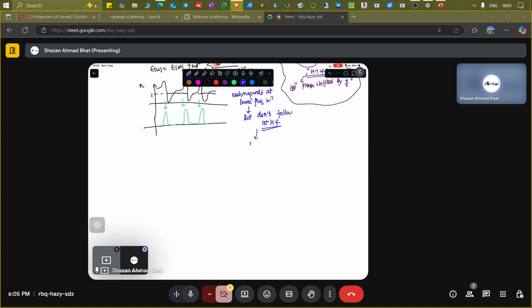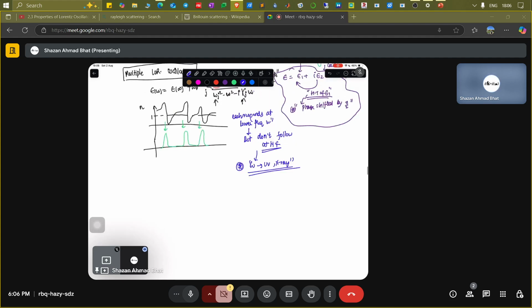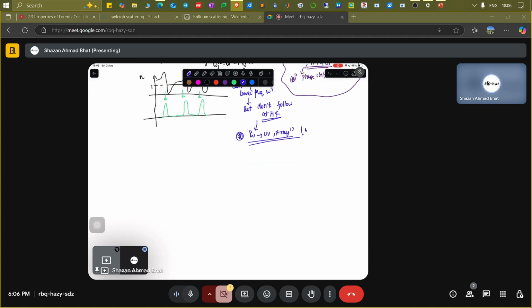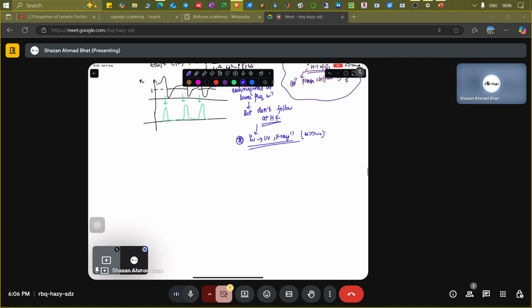If you go to omega in the UV or X-ray regions, those oscillators are not going to behave the same way, because the frequency there is huge and the oscillators don't follow the high frequency at all, where omega becomes much greater than omega naught. It only follows at infrared or far-infrared frequencies, where you have very low frequencies. That is the fundamental notion.